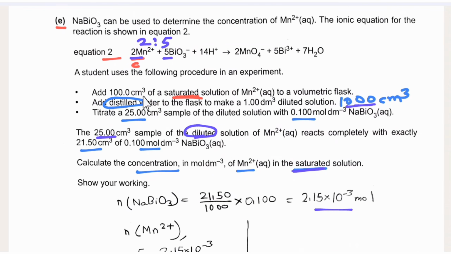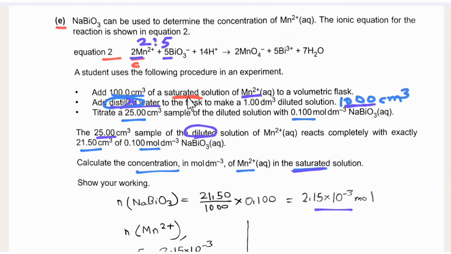The difference between the dilute solution and the concentrated solution is only the water, so we can ignore this, and 100 cm cube of the saturated solution contains the same number of moles of Mn2+ as 1 dm cube or 1000 cm cube of dilute solution.